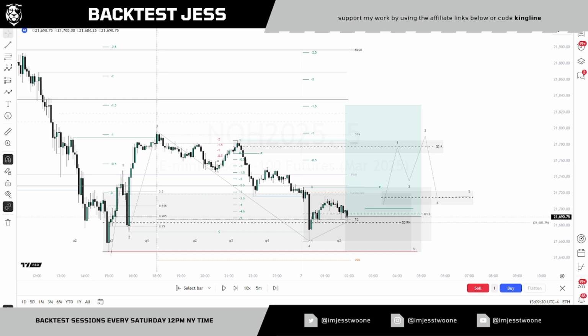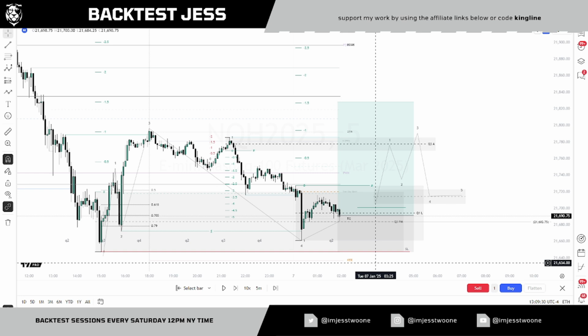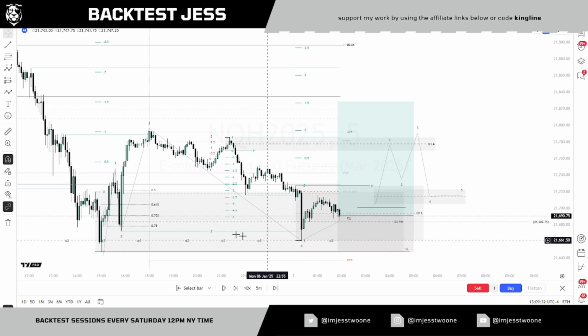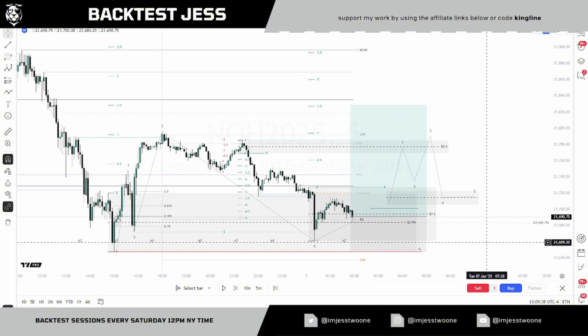Yes, exactly. Also, naturally, because it's an algorithm, we'll find that most of the entries will occur near that open. Of course, I'm sure you know already.